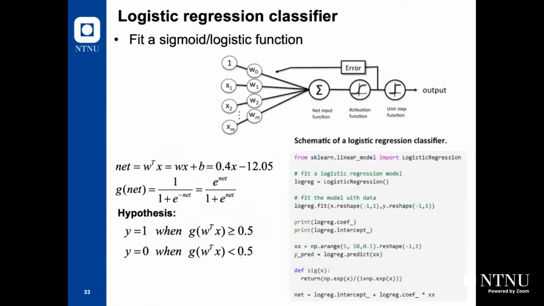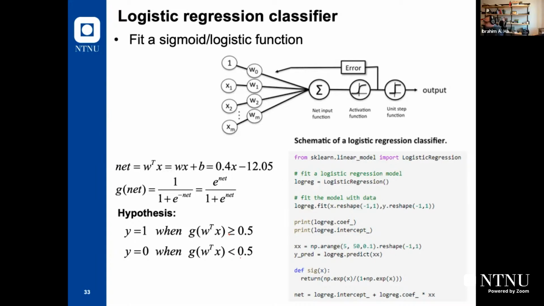Yes. This is just like perceptron, but the activation function, instead of a linear function, we use a logistic function, and then we add something, because the output is a real number, so we add something that turns it into an integer, like 0 and 1 at the end.